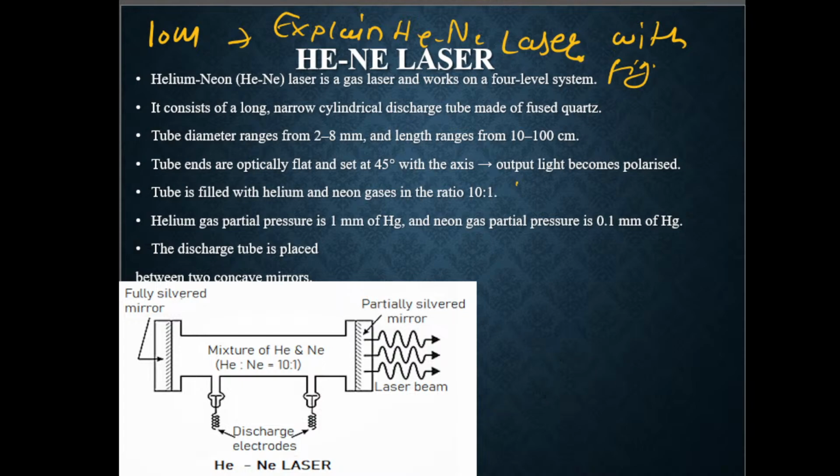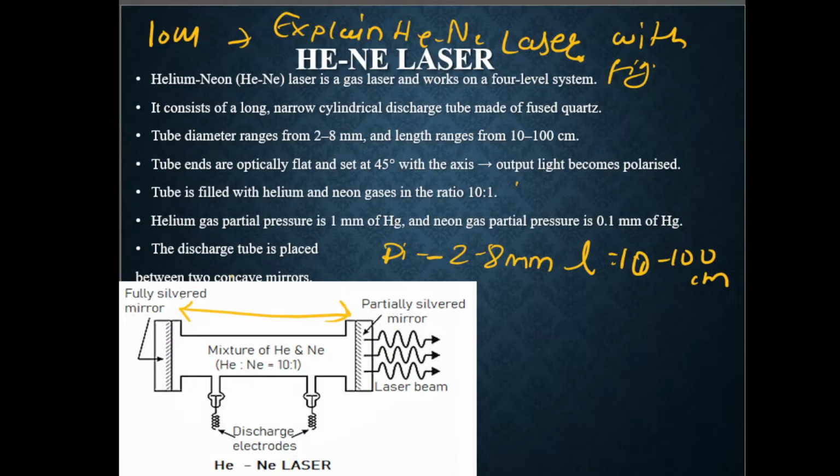So first thing, diameter. Diameter is 2 to 8 mm and length of this rod is 10 to 100 centimeter. So this one is 10 to 100 centimeter and this one diameter is 2 to 8 mm.